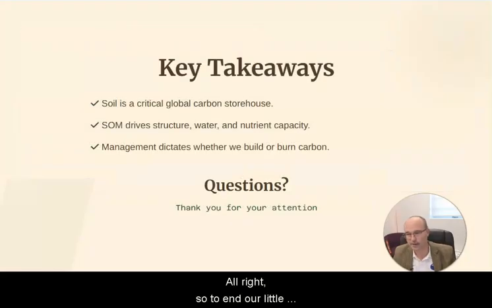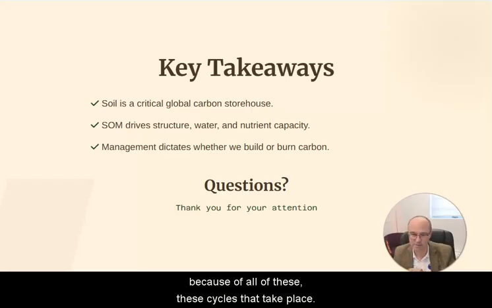All right, so to end our presentation today, I just want to make sure a few things are clear. First of all, soil is a critical global carbon storehouse. That's where we store a lot of our carbon, because of all of these cycles that take place.